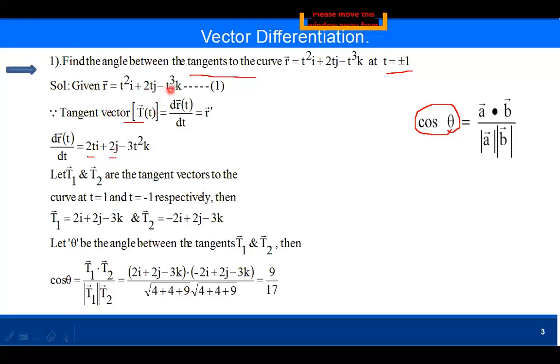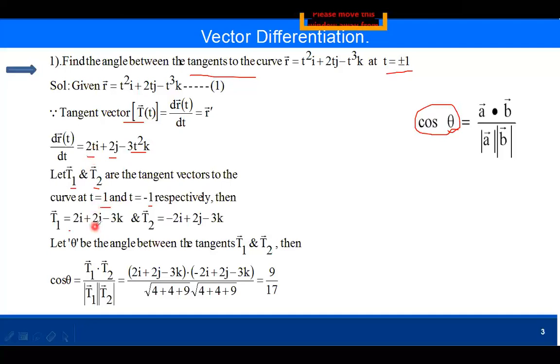Suppose t1 and t2 are the tangent vectors to the curve at t equal to 1 and t equal to minus 1 respectively, then find t1 bar and t2 bar. For t1 bar put t equal to 1, and for t2 bar put t equal to minus 1 in the tangent vector. Substituting t equal to 1, 2 into 1 is 2. There is no t value in the j term.